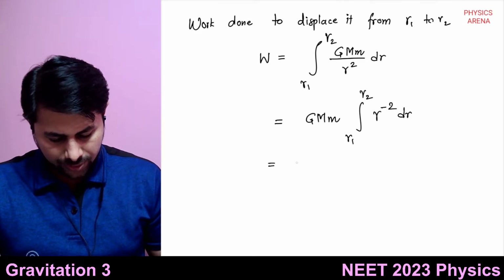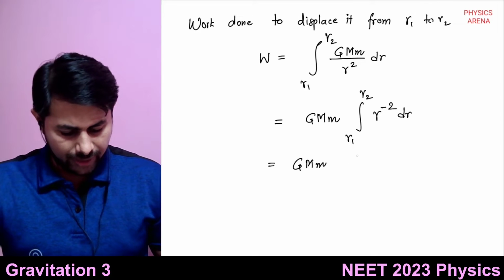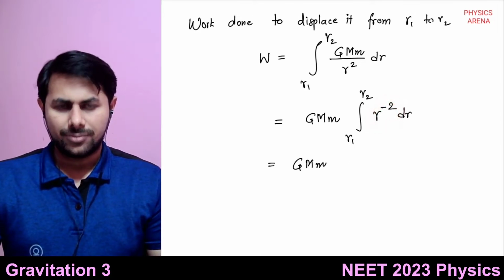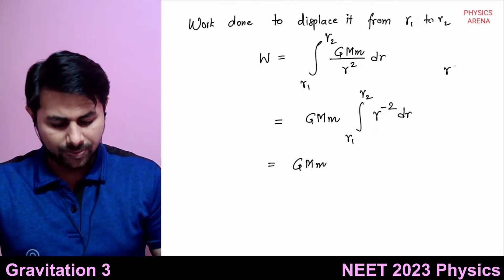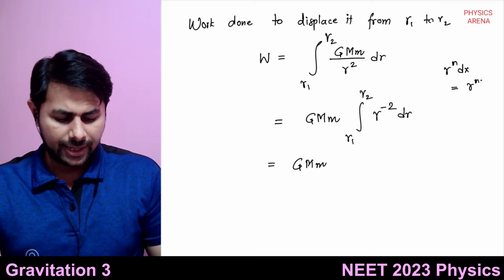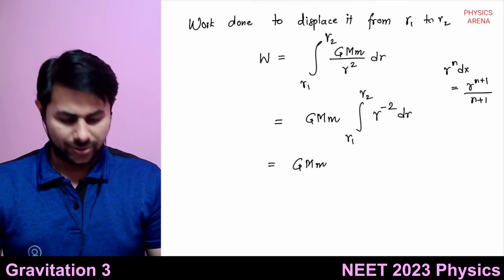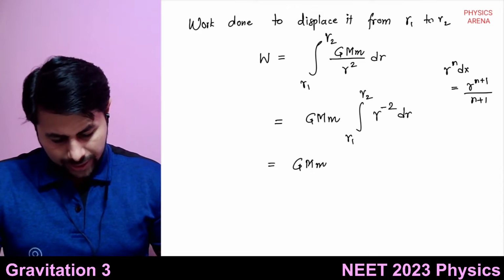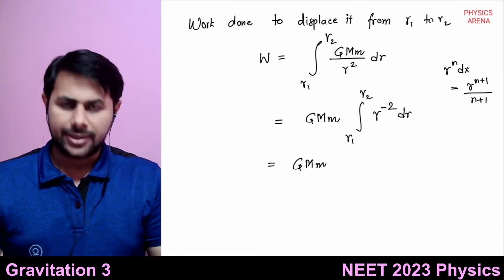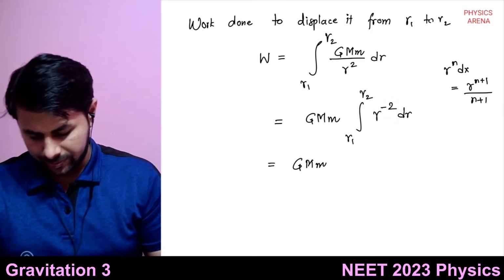So this is equal to G times Mm multiplied by, what would be this integral? We know the integral of r raised to n dr is r raised to n plus 1 divided by n plus 1, whatever the limits. Here n is equal to minus 2, so this integral will be r raised to minus 2 plus 1, that's minus 1, divided by minus 1.